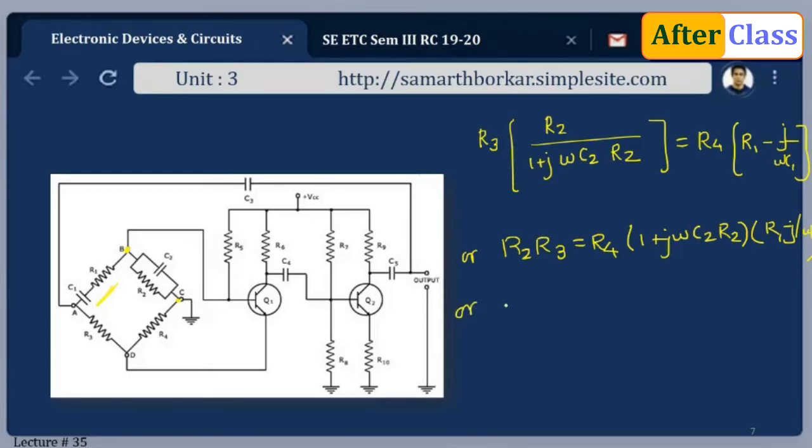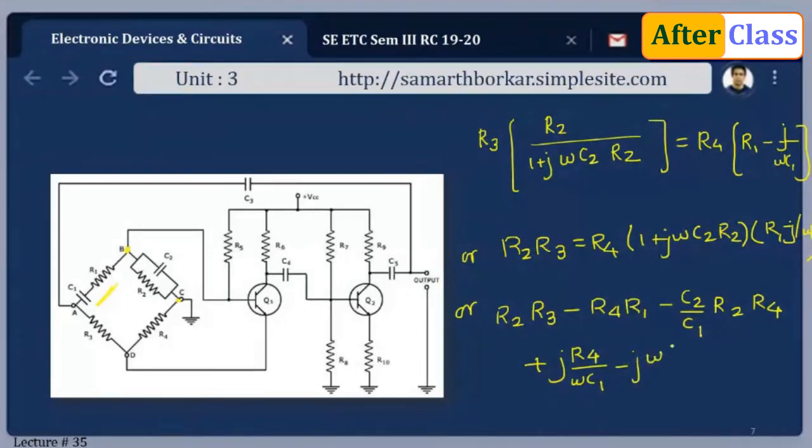Or further simplifying this, I can write R2 R3 minus R4 R1 minus C2 by C1 R2 R4 plus j R4 by omega C1 plus j omega C2 R2 R1 R4 equals 0.